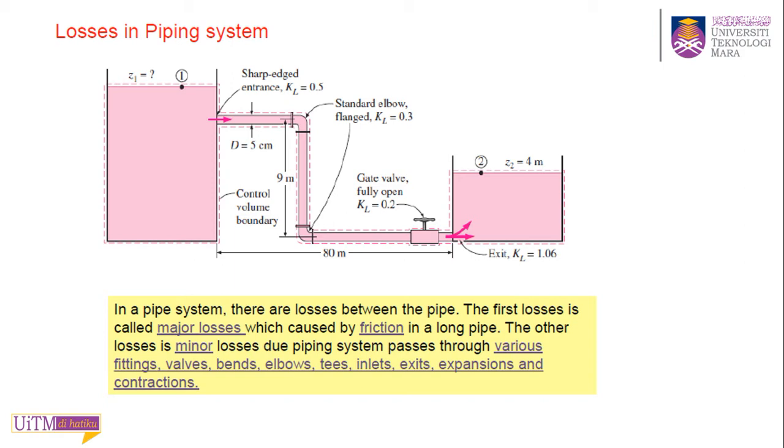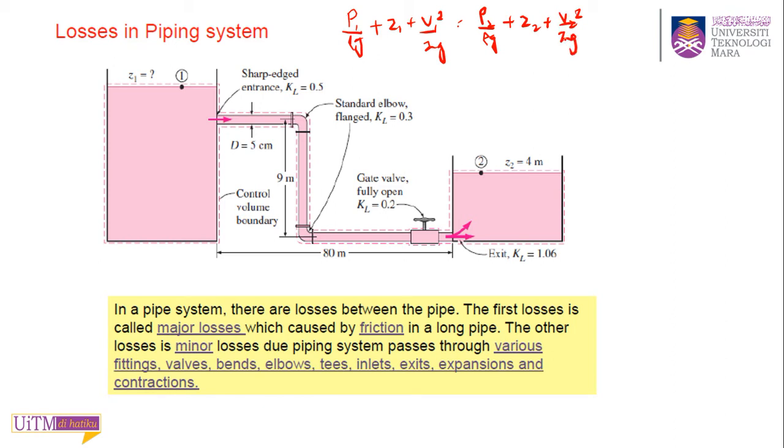Before this, the first Bernoulli equation that we learned is P1 over rho g plus Z1 plus V1 squared over 2g equal to P2 over rho g plus Z2 plus V2 squared over 2g.